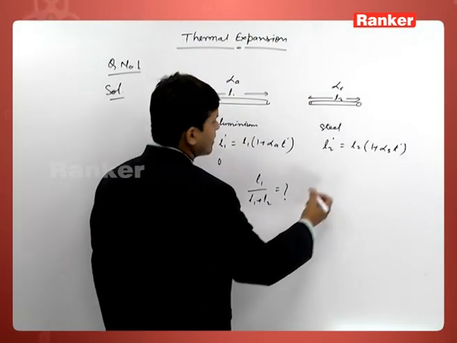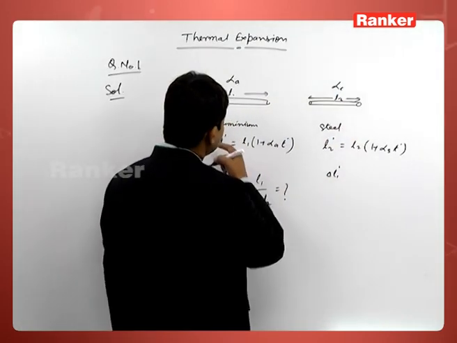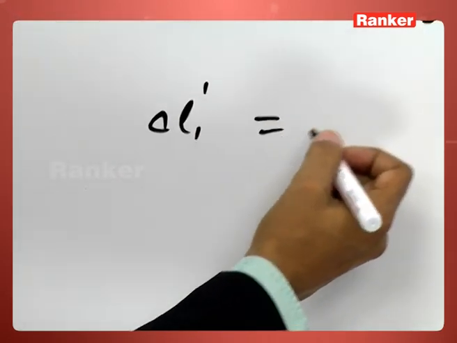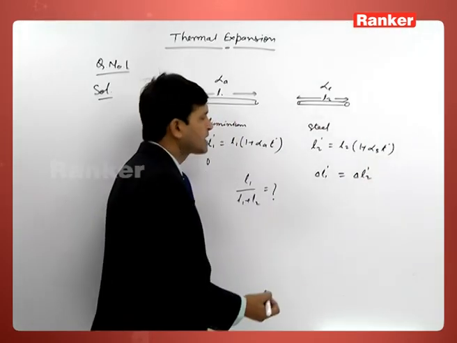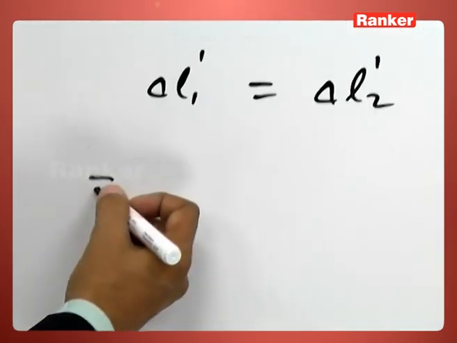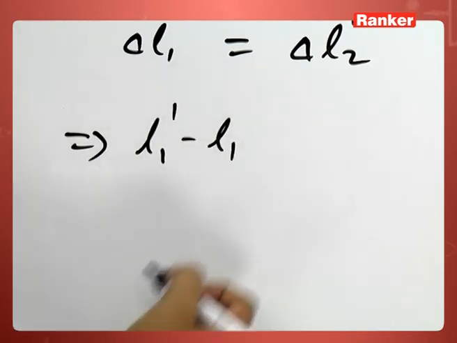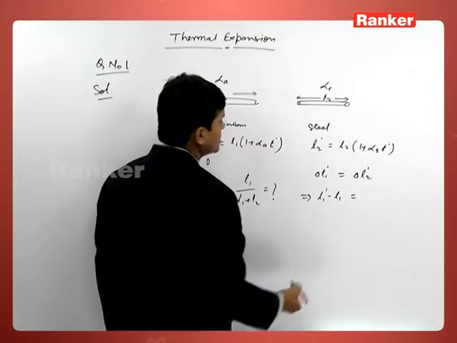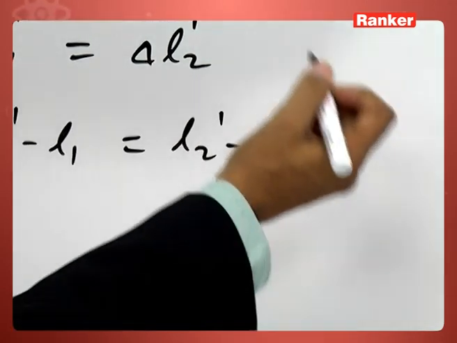So on heating, the change in the length of L1 dash here is equal to the change in the length of steel, delta L2 dash. So delta L1 means L1 dash minus L1, that is equal to delta L2, which means L2 dash minus L2.